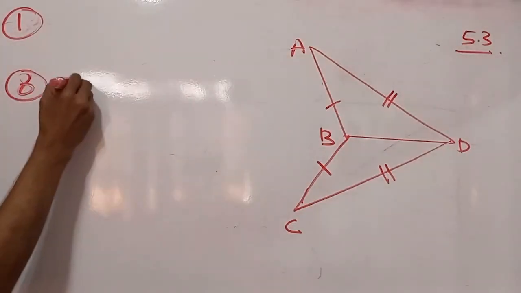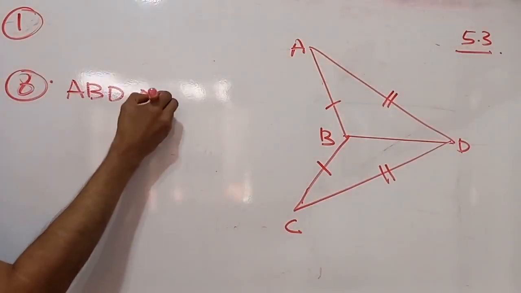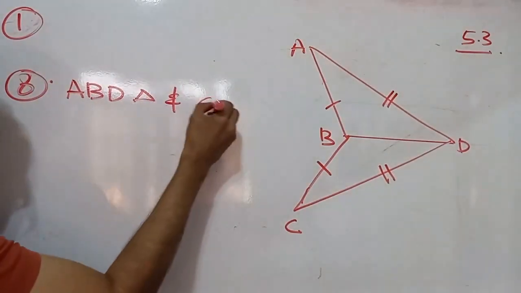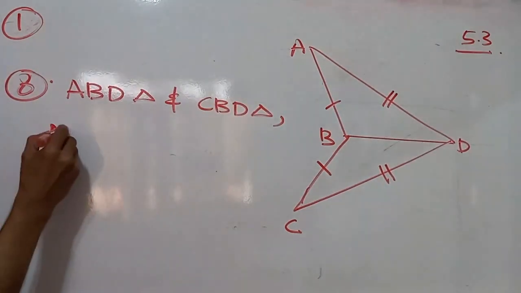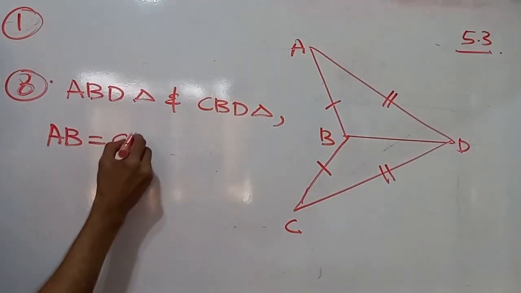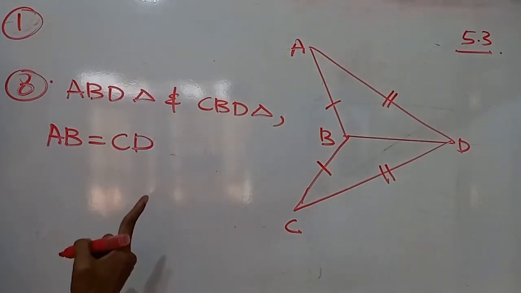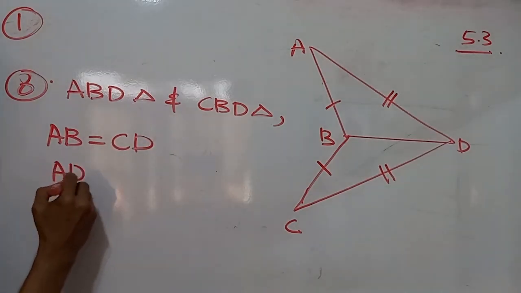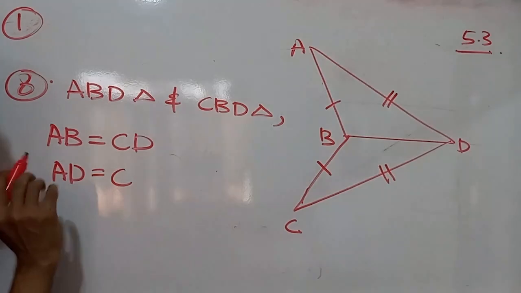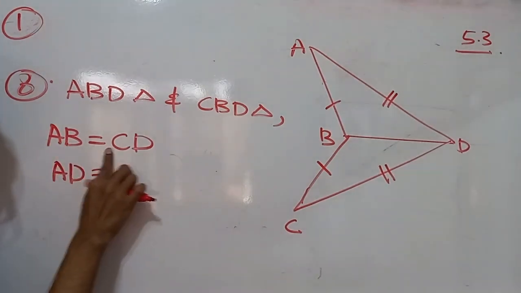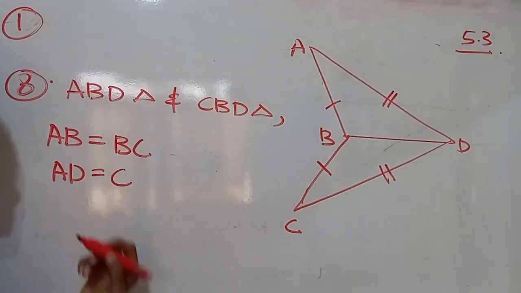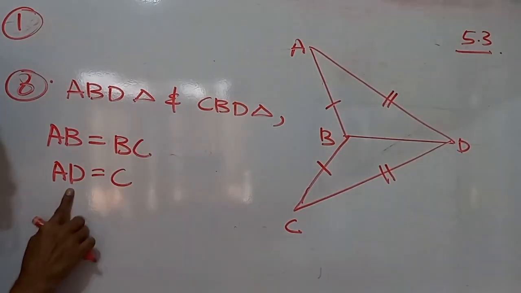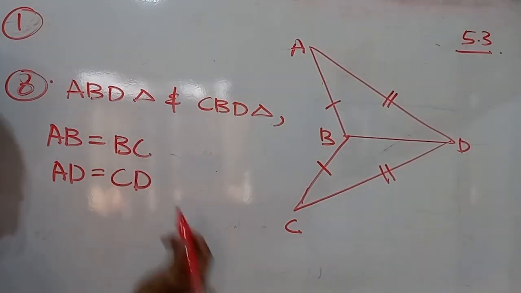Right? So, we will write down triangle ABD and triangle CBD. So, we can say AB that is equal to BC, yeah? Then AD that is equal to CD.